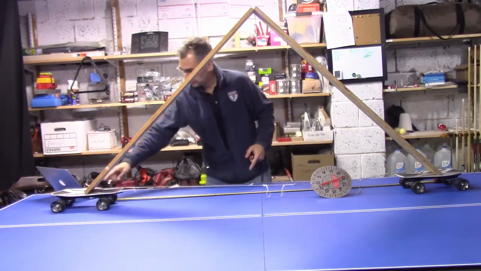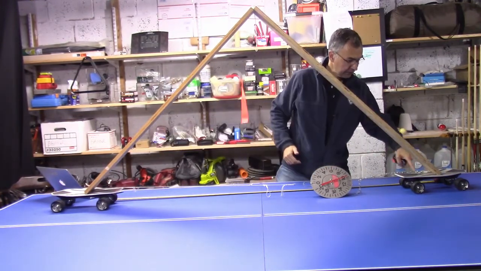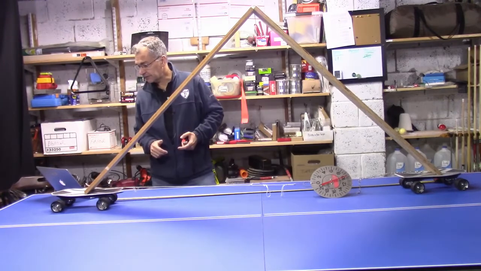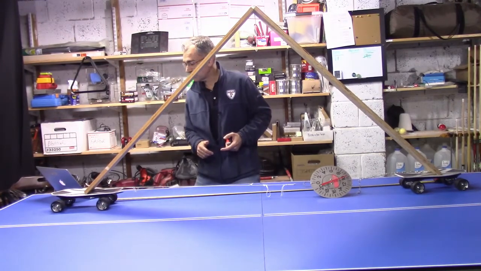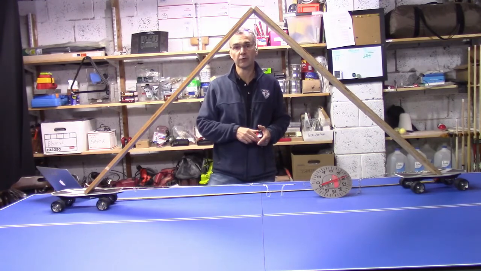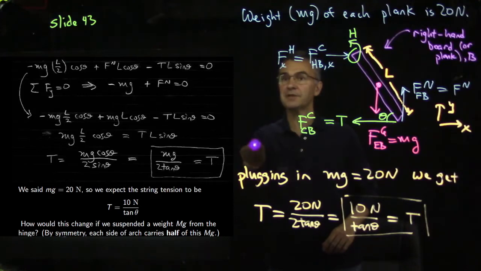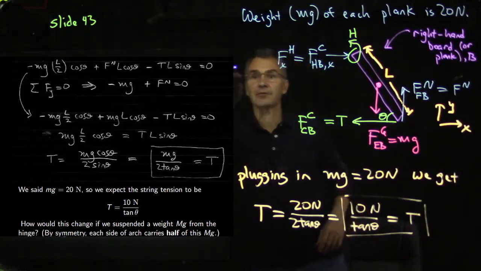I've checked that the total base of the arch from one end to the other is about 68 inches, and my calculation says for 45 degrees it should be 67.9 inches. So I'd say this is pretty close to 45 degrees. By the way, the results agree with my pre-calculated results from slide 43.